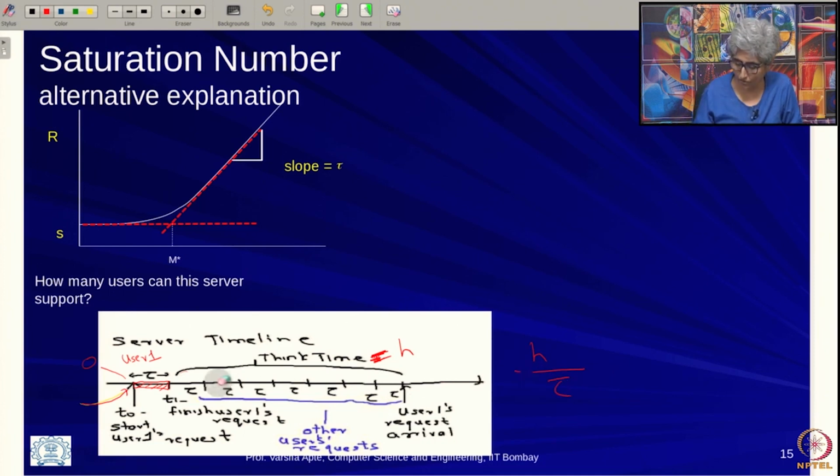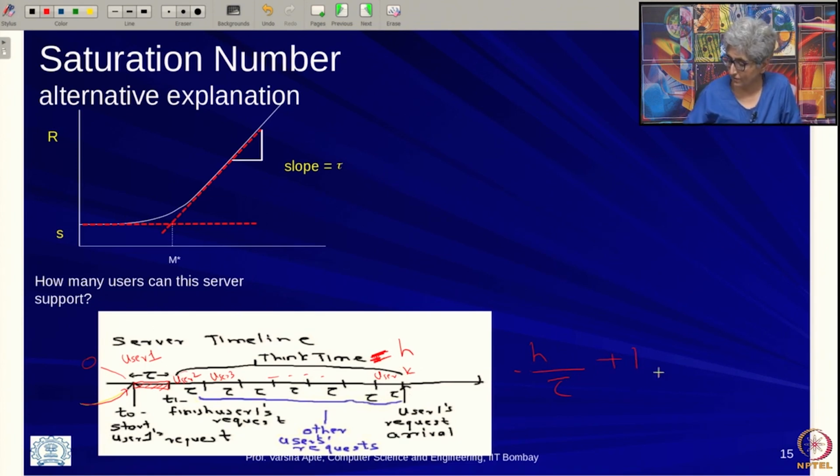This is an interesting way of thinking. That means that we can have some user 2, some user 3, and so on up to some user k, and this total will be equal to h divided by tau plus this first user.